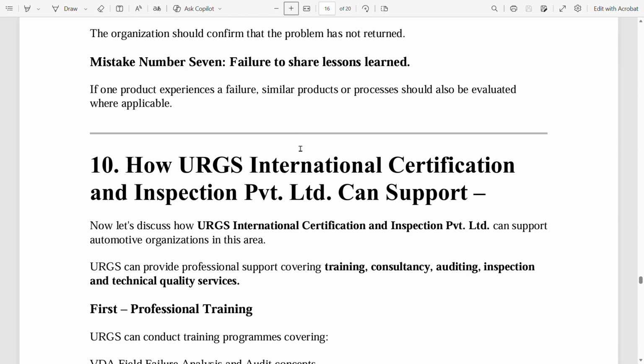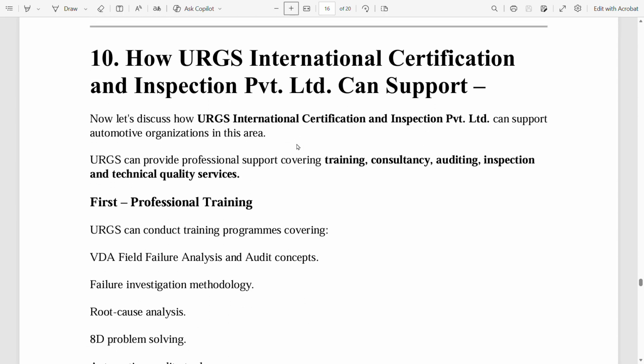Now, how URGS International Certification and Inspection Private Limited can support. Now, let's discuss how URGS International can support automotive organizations in this area. URGS can provide professional support covering training, consultancy, auditing, inspection, and technical quality services. First, professional training.